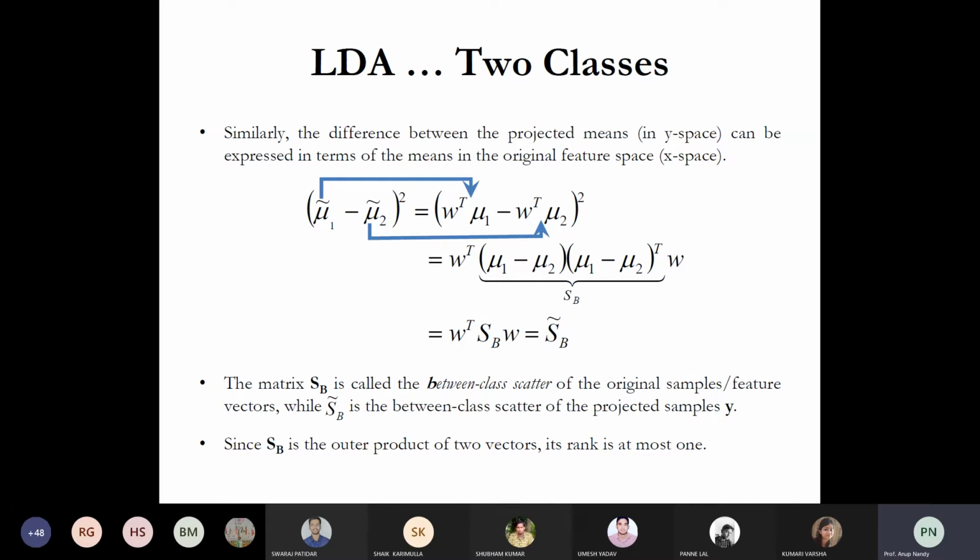The matrix SB is called the between class scatter. So you have the within class scatter matrix and the between class scatter.